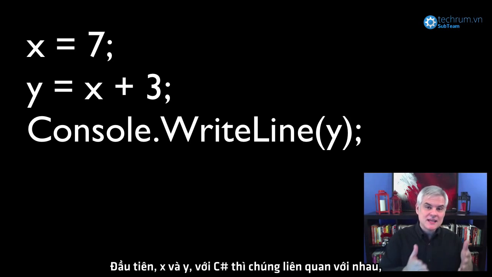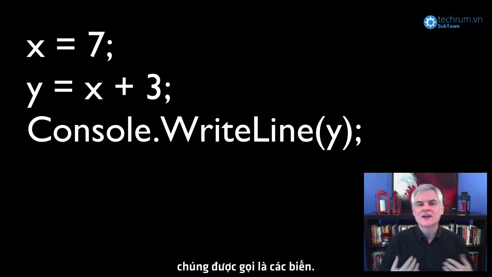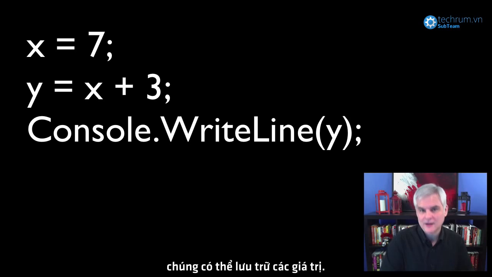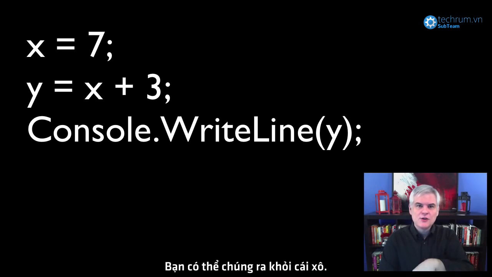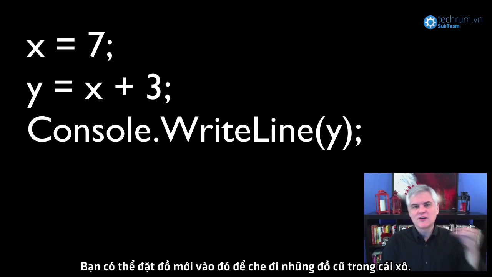First, the x and the y, as far as C# is concerned, are called variables. And a variable is simply a bucket in your computer's memory that's capable of storing a value. So you can put stuff, values, into the bucket. You can retrieve stuff, values, out of the bucket. You can put new stuff to cover up the old stuff in the bucket.